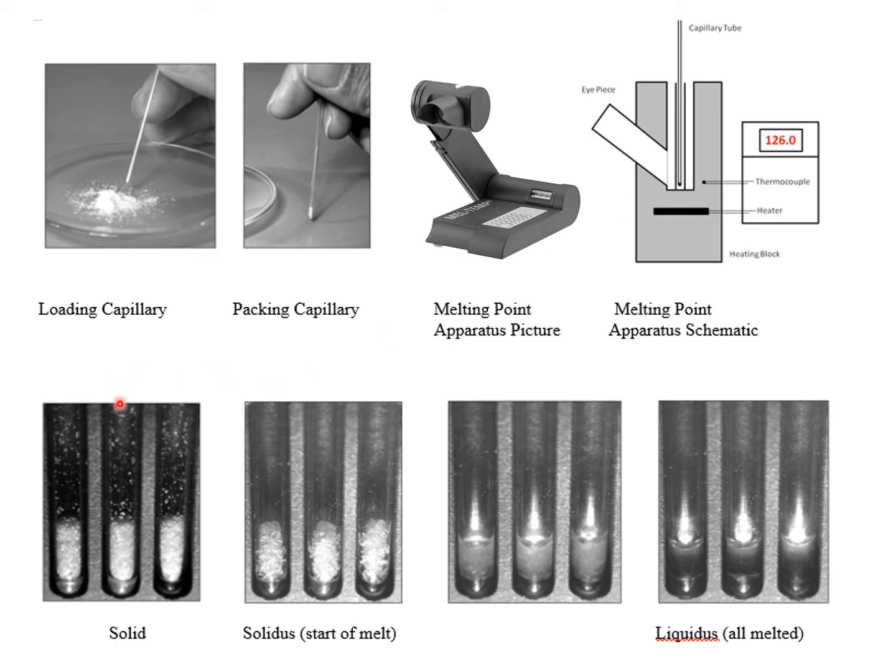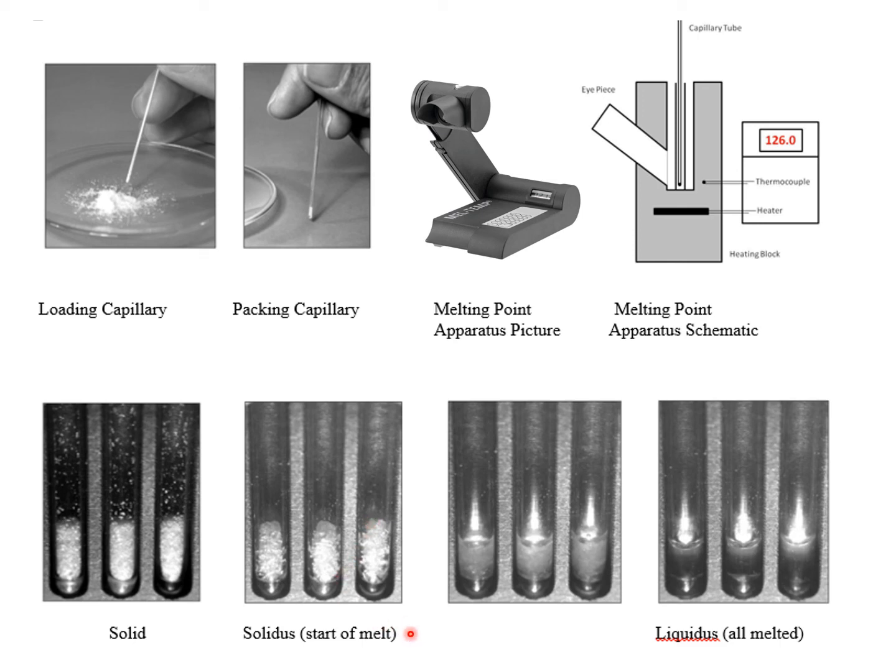So here are some pictures of the process. Here is the solid material as put in the melting point apparatus. I have 3 tubes in there. And then I start ramping the temperature. At first, I start to see these samples all start to melt a little bit. Sometimes they melt at different times. We call that the solidus temperature.